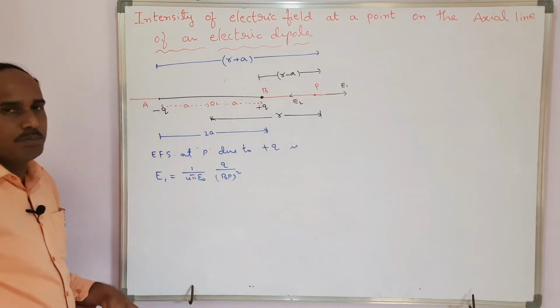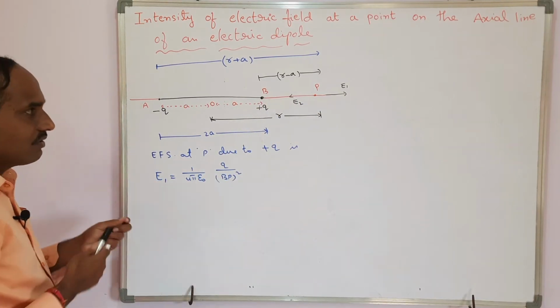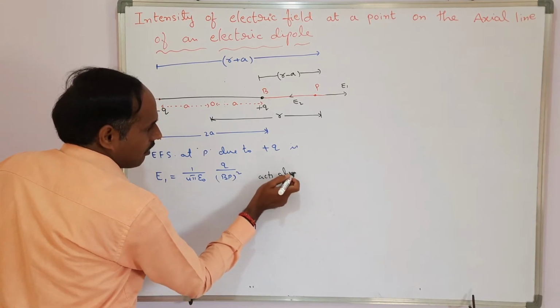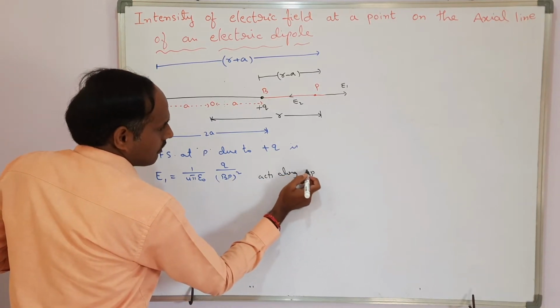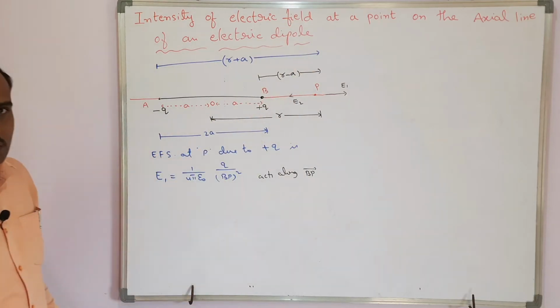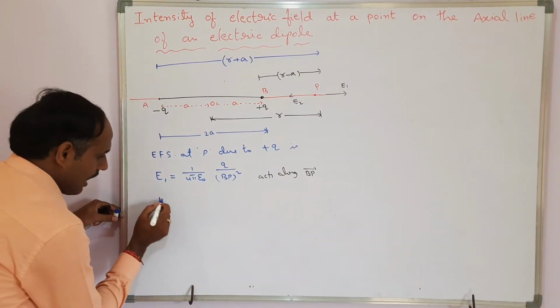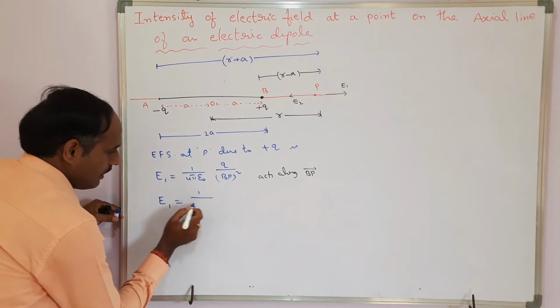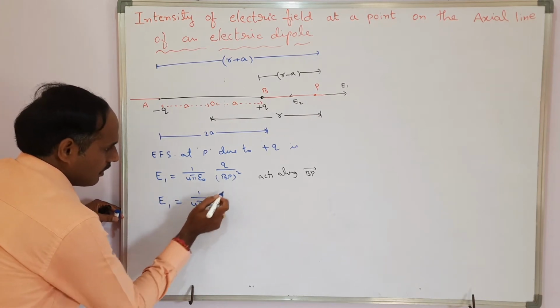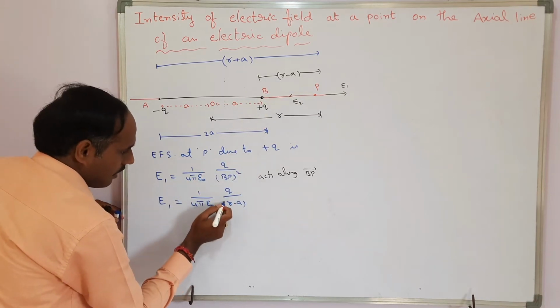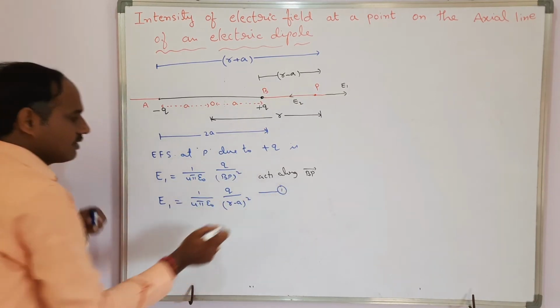Because of the distance of P from point B, and this acts along B to P only, along BP rightward. So we can write the expression for E1 as 1 by 4 pi epsilon into Q by (r minus a) whole square. Let this be equation 1.